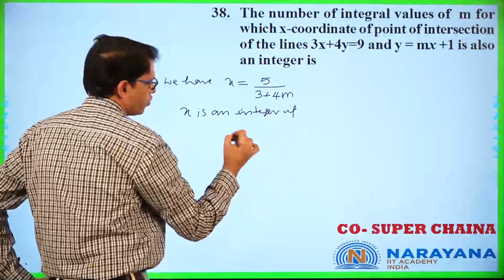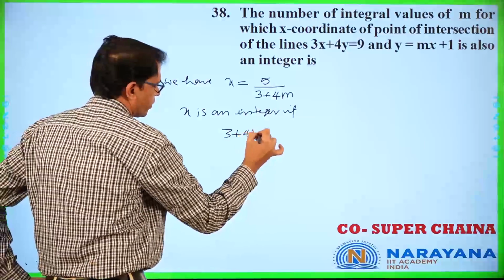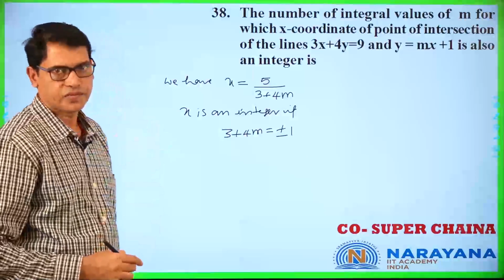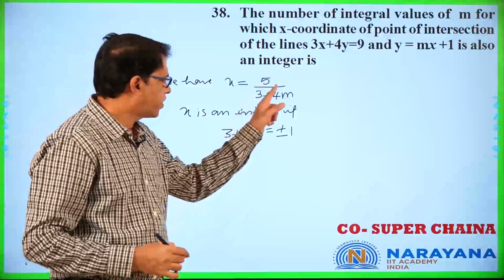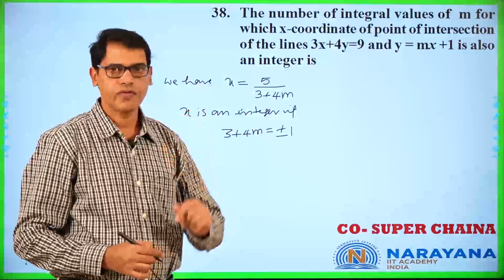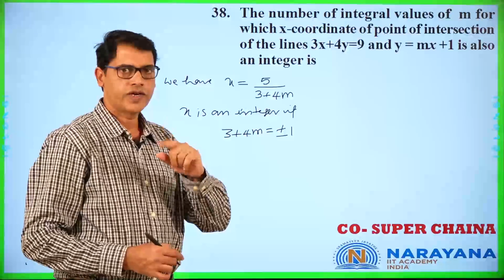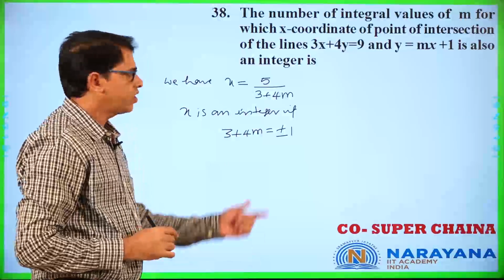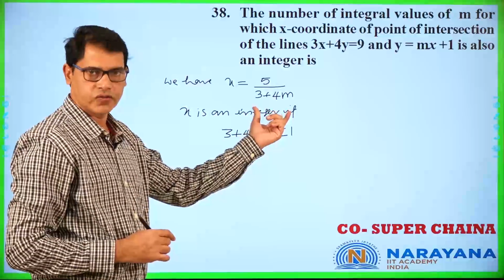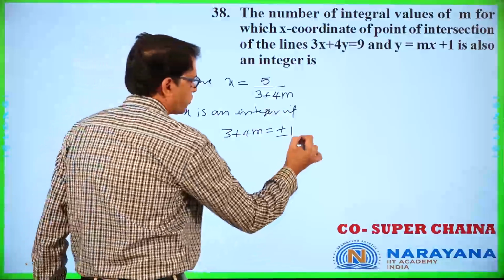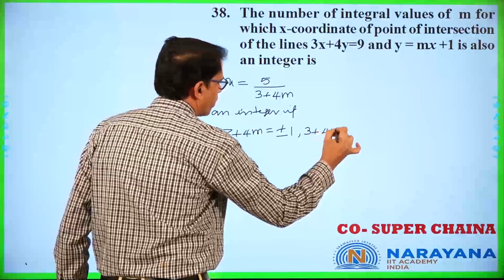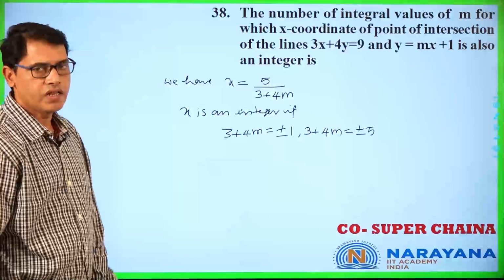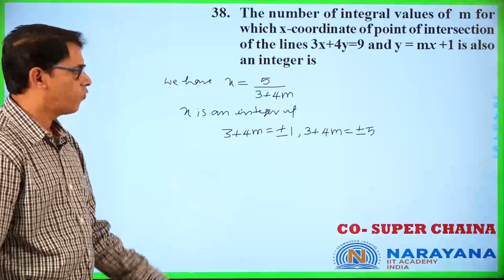So 3 + 4m equals plus or minus 1, one possibility. Another possibility, if 3 + 4m equals 5, 5 upon 5 we get 1. Another possibility, 3 + 4m equals minus 5. So here for the denominator we got 4 possibilities.